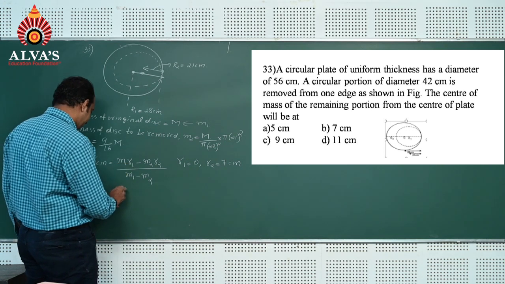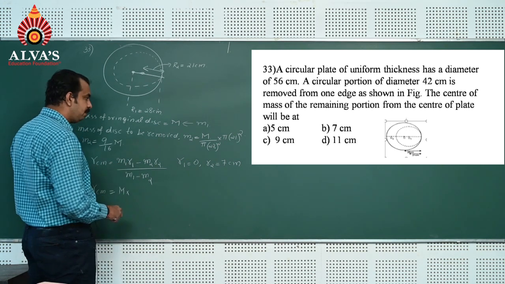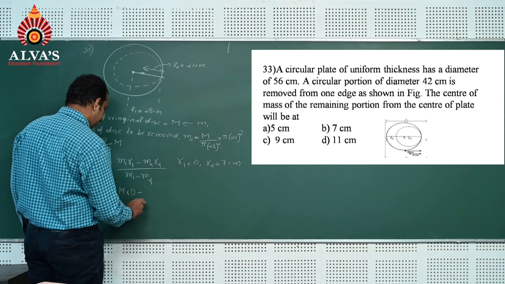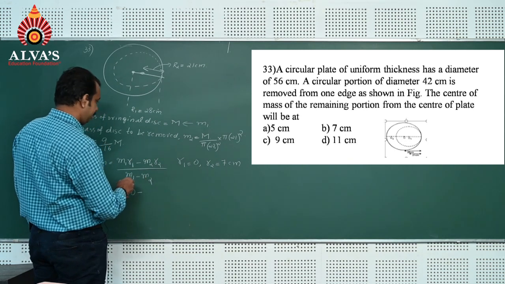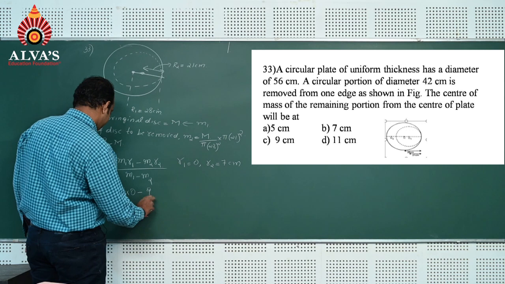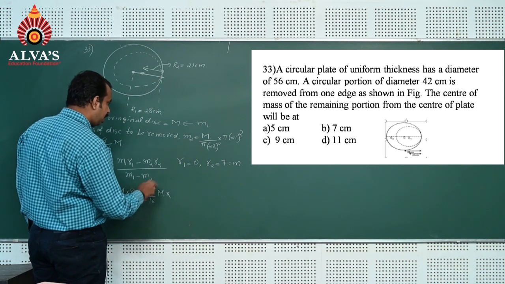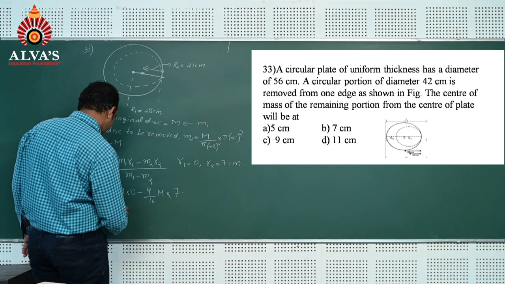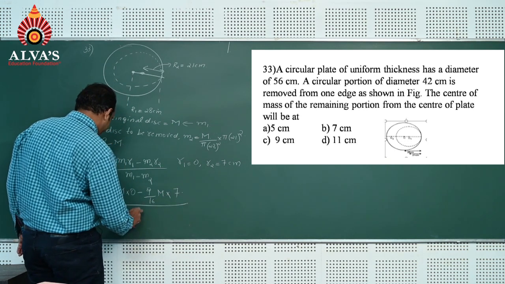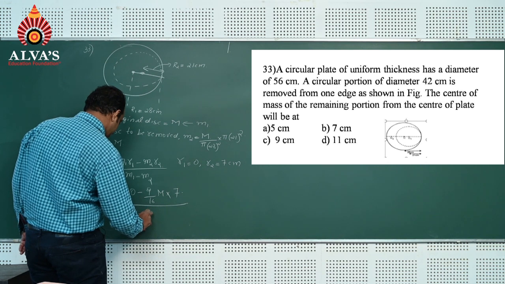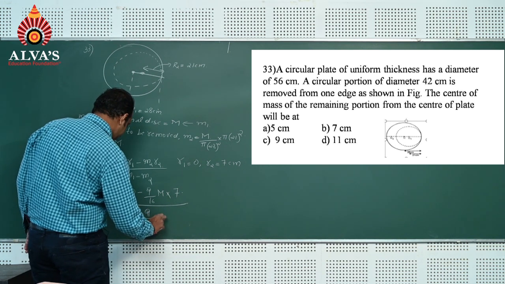M1 I would like to take as m, R1 is 0, M2 is 9 by 16 m, R2 is 7. So it is minus 9 by 16 m into 7 divided by m minus 9 by 16 m.